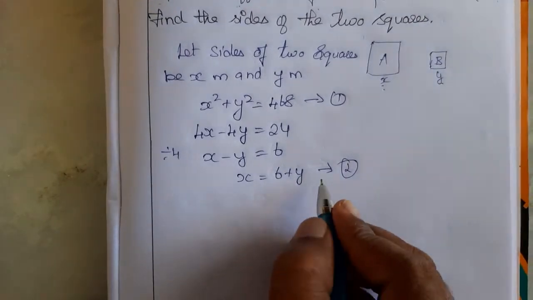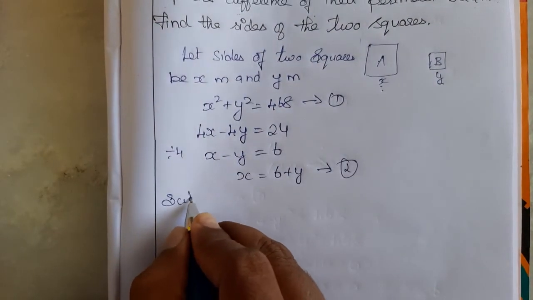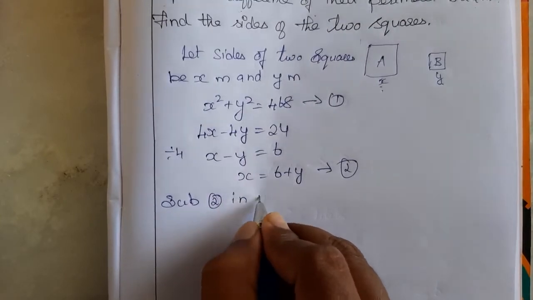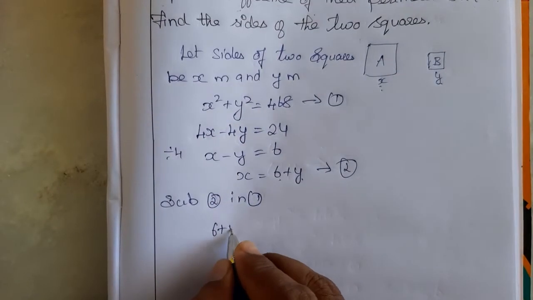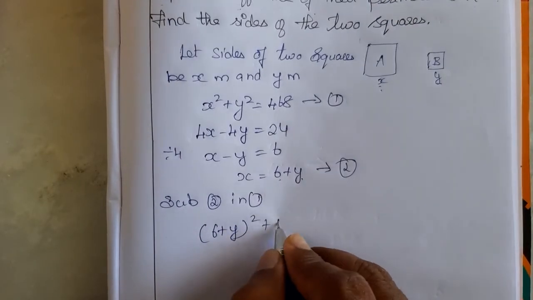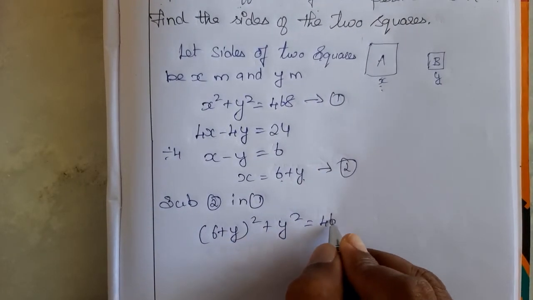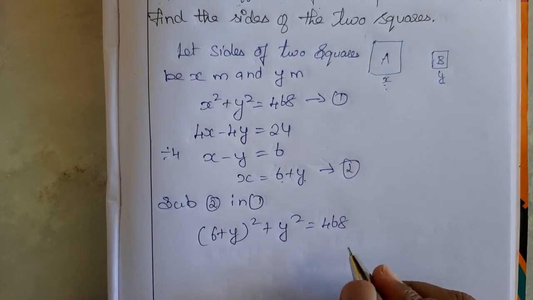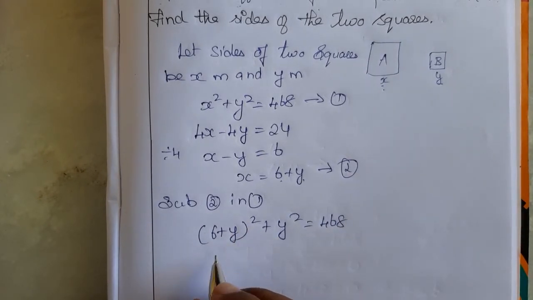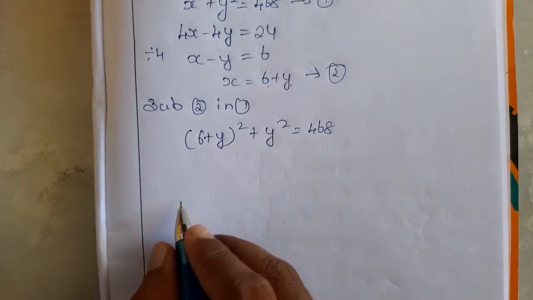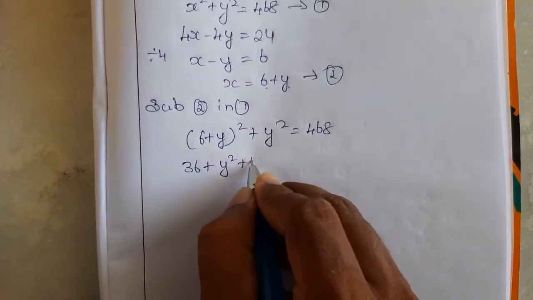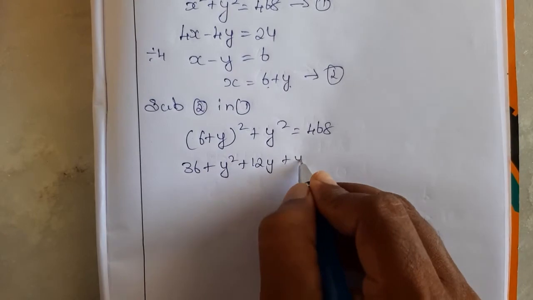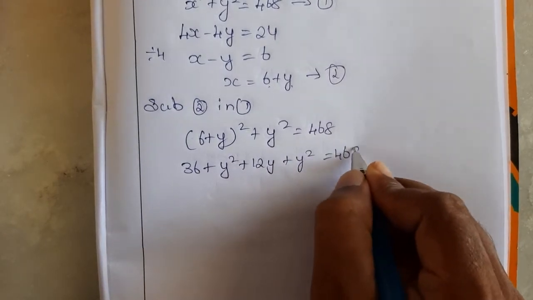So substitute equation 2 in 1. Instead of x, we put 6 plus y: (6 plus y) whole squared plus y squared is equal to 468. Using the identity (a plus b) squared equals a squared plus 2ab plus b squared, we get 36 plus y squared plus 12y plus y squared equals 468.